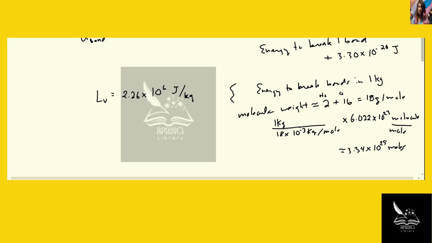And so the energy to break the bonds in 1 kilogram is the energy per bond times the number of bonds.